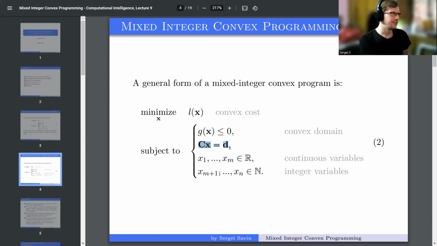And it makes sense, remember why, because linear functions are the only thing that is both convex and concave, right? And somehow introducing linear equalities does not lose convexity, whereas anything else would. Right. And we have some variables that are continuous, sometimes some variables that are integer. Good. So this is the whole thing.